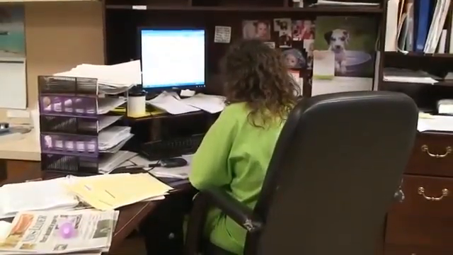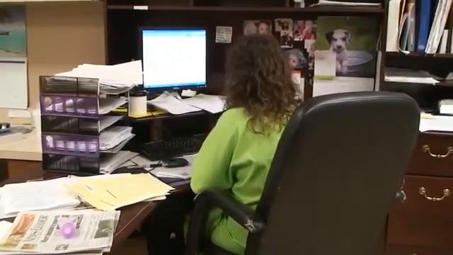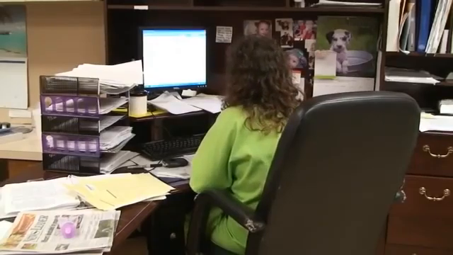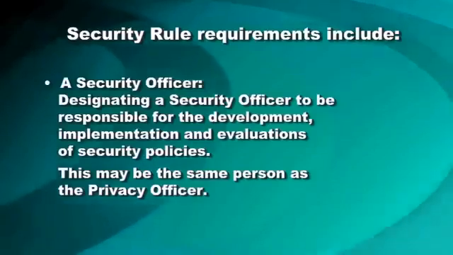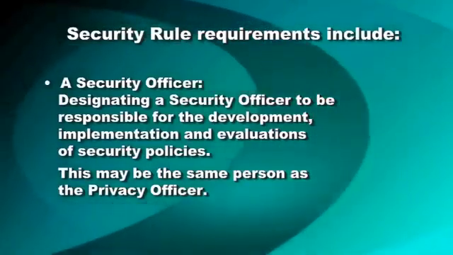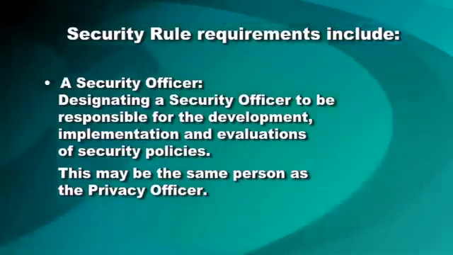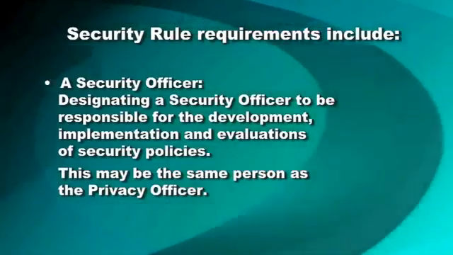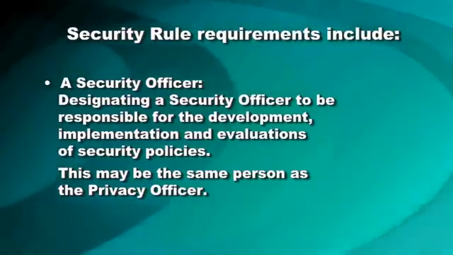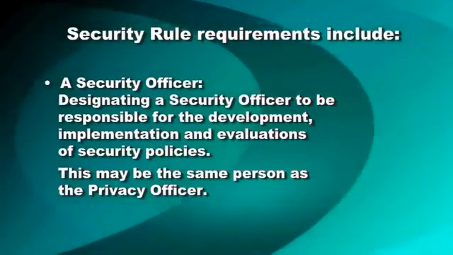These safeguards primarily deal with the security and transmission of data that contains PHI. These requirements include a security officer: designating a security officer to be responsible for the development, implementation, and evaluations of security policies. This may be the same person as the privacy officer.